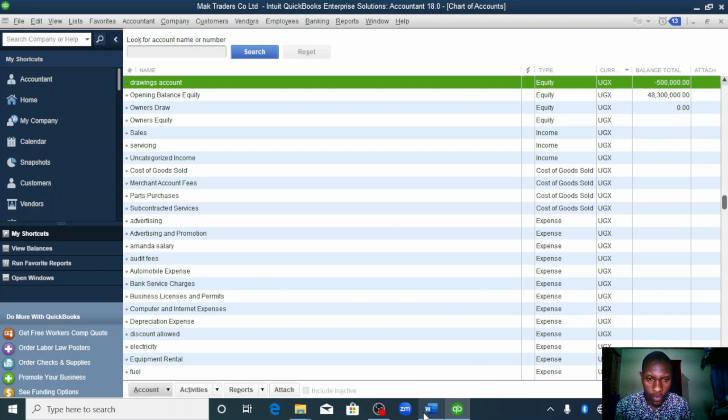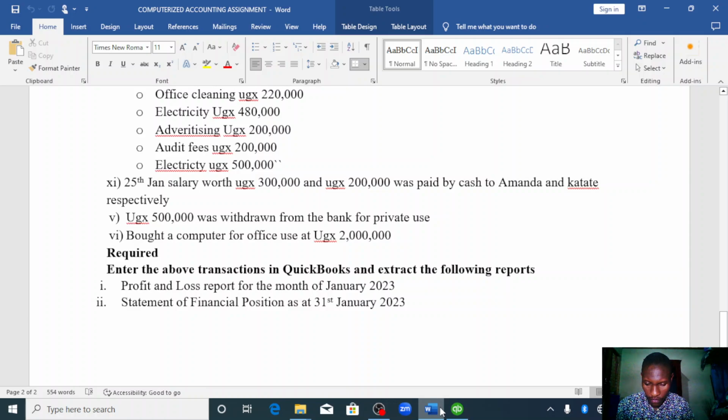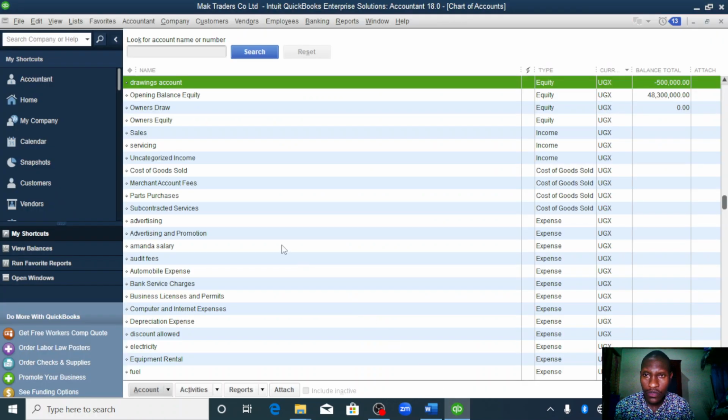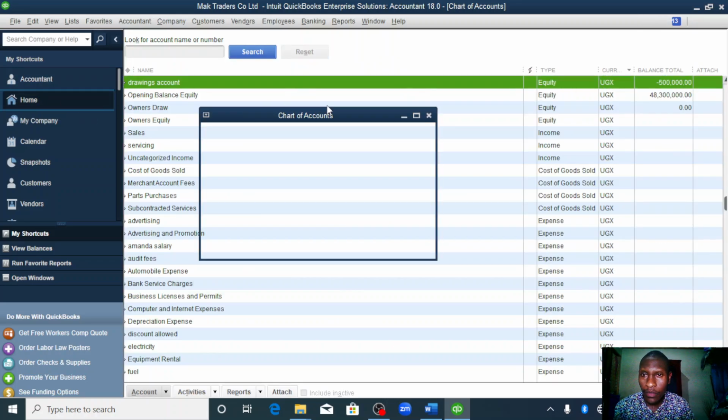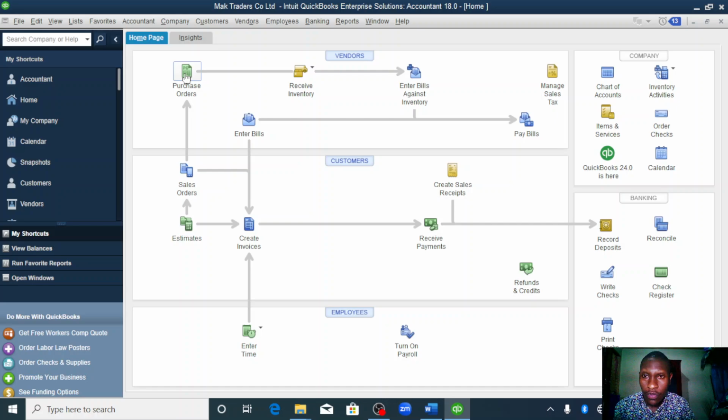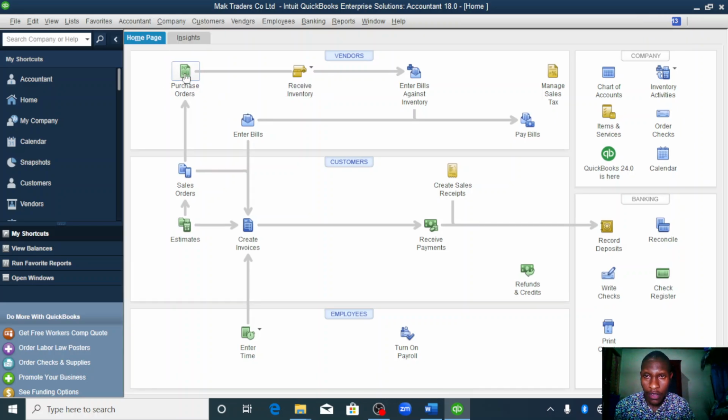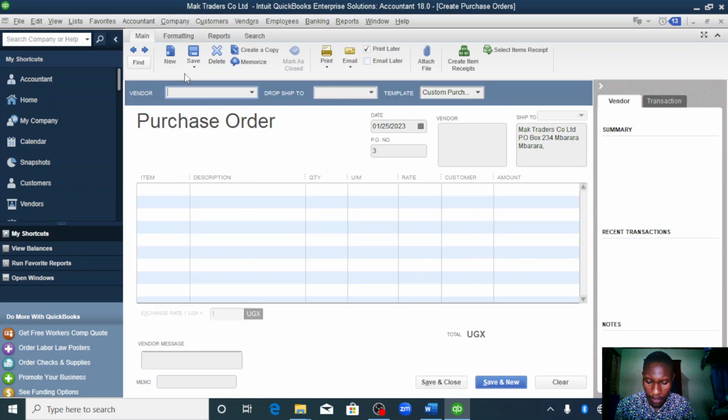We go to the last transaction, bought computer for office use. We go to home. We go to purchase order. They are not specifying the supplier or vendor.